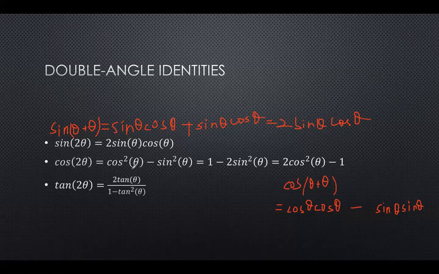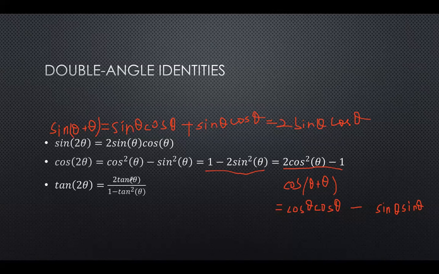So it's cosine squared minus sine squared. Then we can replace cosine squared by the Pythagorean identity, 1 minus sine squared, so it becomes 1 minus 2 sine squared theta. Or we can replace sine squared by 1 minus cosine squared, and the whole thing becomes 2 cosine squared minus 1. It is the last two that are most useful, because they have only sine or only cosine.